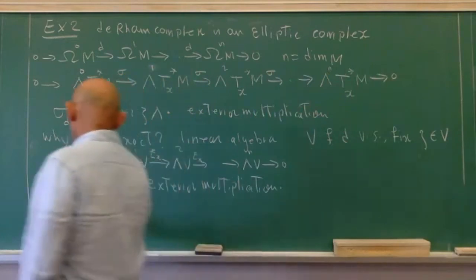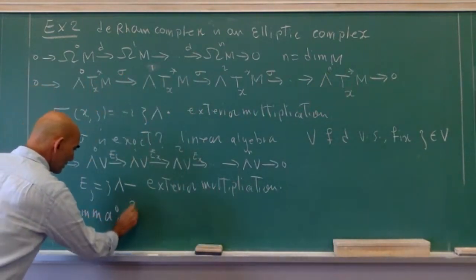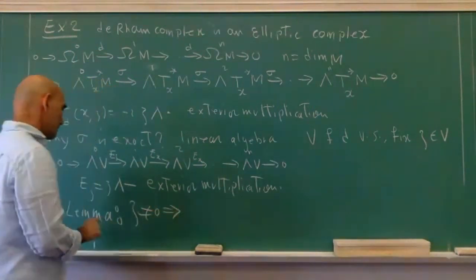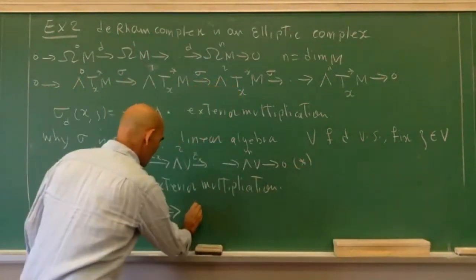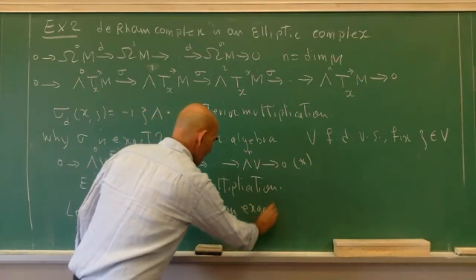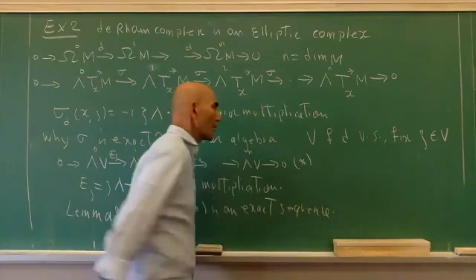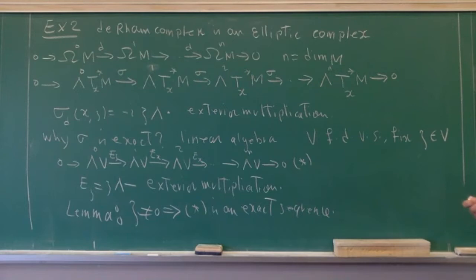So the lemma is that c different from 0 implies that this complex (*) is an exact sequence. Okay. So how can we do that?